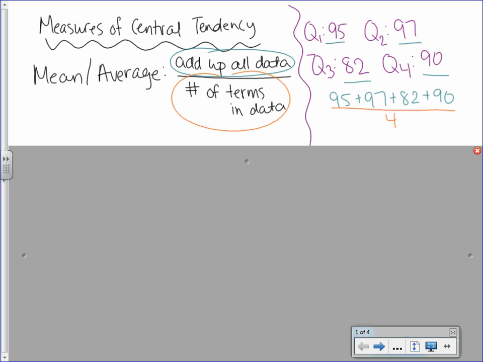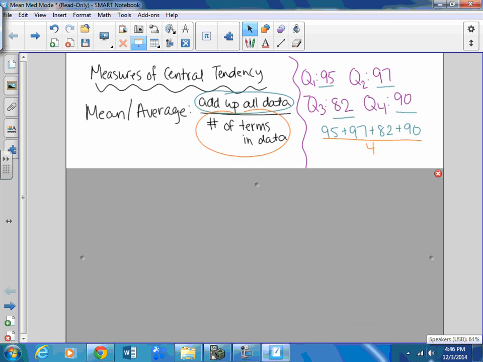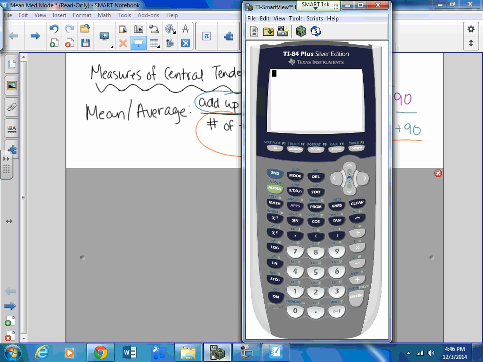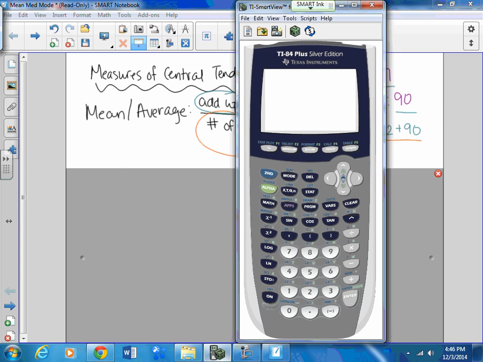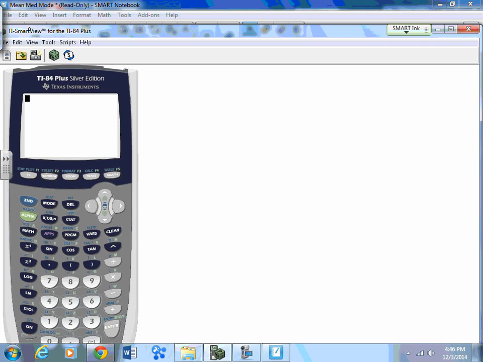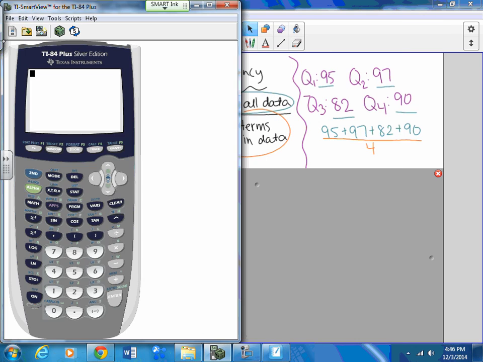Okay, and let's do that. Now, look at this cool thing that I found. Let me see if it works. Hold up. Boom, look at that. Calculator right there. So let me move over a little bit. There we go. All right, and let's see if this works. I've got 95, plus 97, plus 82, plus 90.